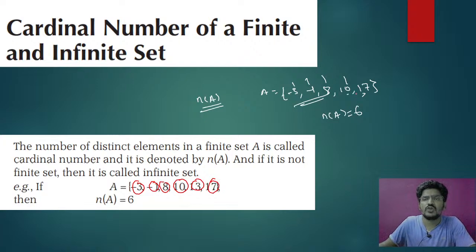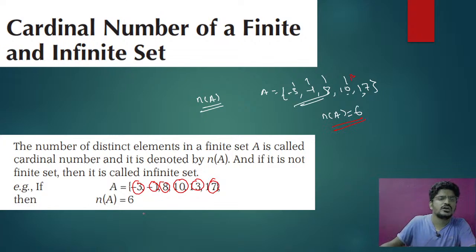I had missed one number, that is 13. So minus 3, minus 1, 8, 10, 13 and 7. That will be n(A) equal to 6. Clear? So here the cardinality of the set A is 6.